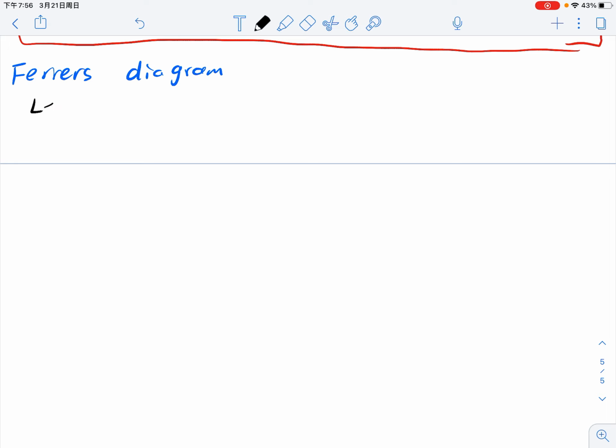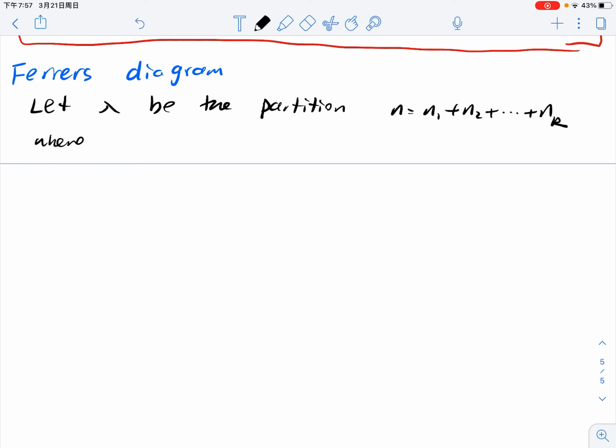Okay, let lambda be the partition n equals n_1 plus n_2 plus all the way to n_k, where n_1 is greater than or equal to n_2, and so on. So you have a decreasing sequence.